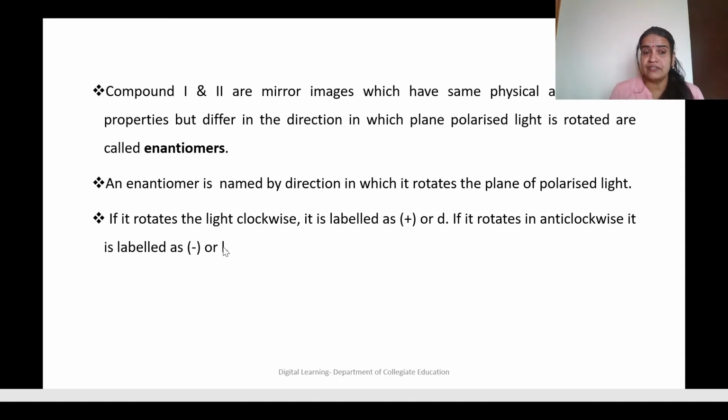This means if the enantiomer is rotating the plane polarized light clockwise, in the right direction, we can call it the D form or dextro form, or we can label it as plus form. Or if it rotates it in the anti-clockwise direction, then we can label it as levo form or minus form or L form.